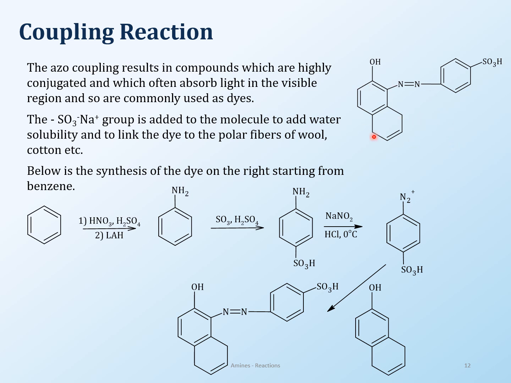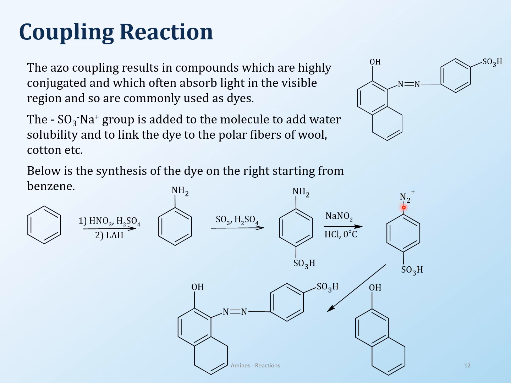So let's see how we can make this dye starting from benzene. You start with, of course, benzene here, and you do the nitration and then reduction to get the amine group on there. After getting the amine group, you can do sulfonation in order to get the sulfonyl group on there. And again, remember, the amine group is an ortho-para director. So this is what you get. Then you can treat with nitrous acid in order to get the diazonium salt.